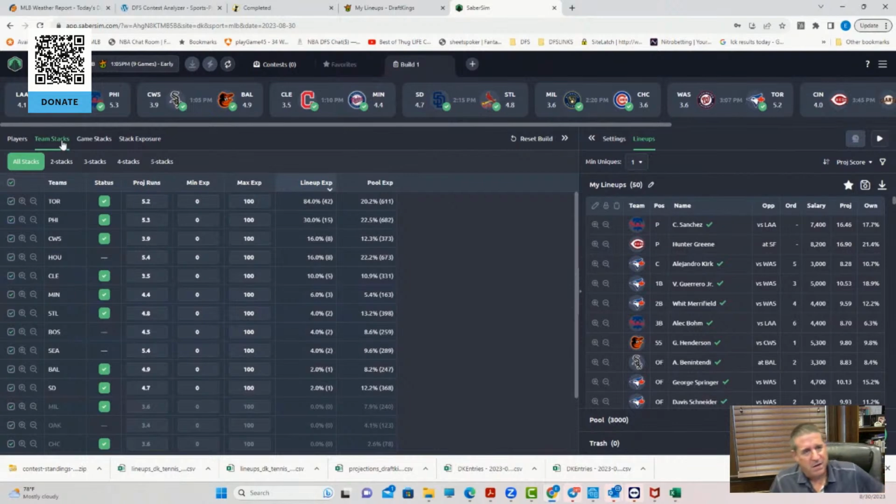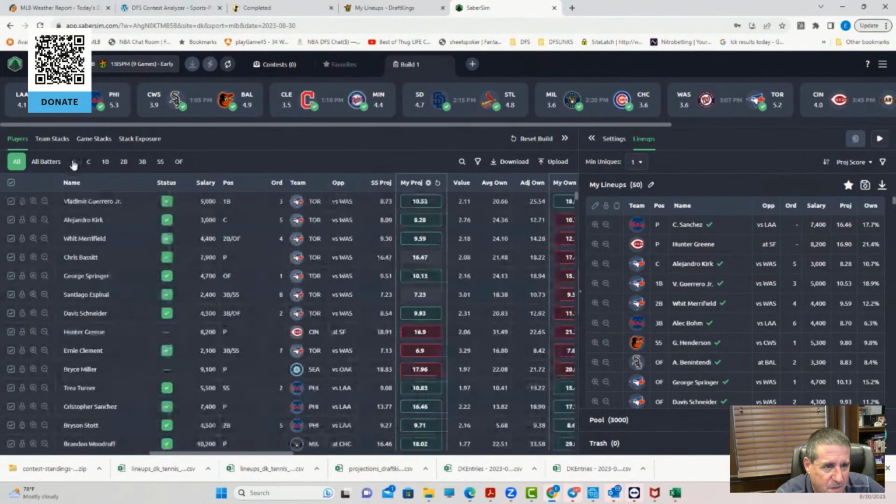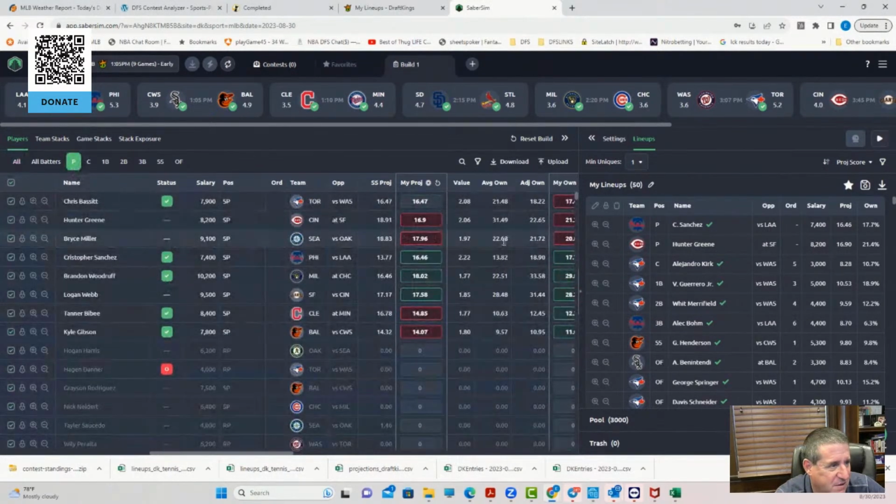Okay, now before we move on, let me just look at the pitching for a second. And it's getting Bassett, Green, Bryce Miller too. But the most important thing to note is that they're rating these lineups by projected score.